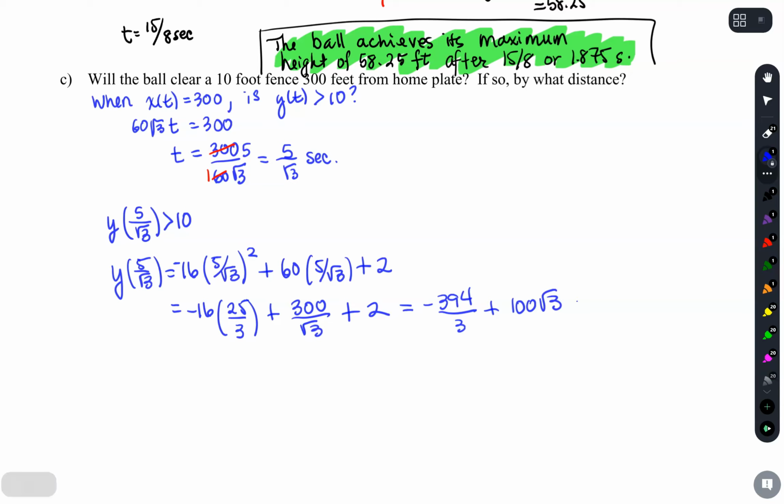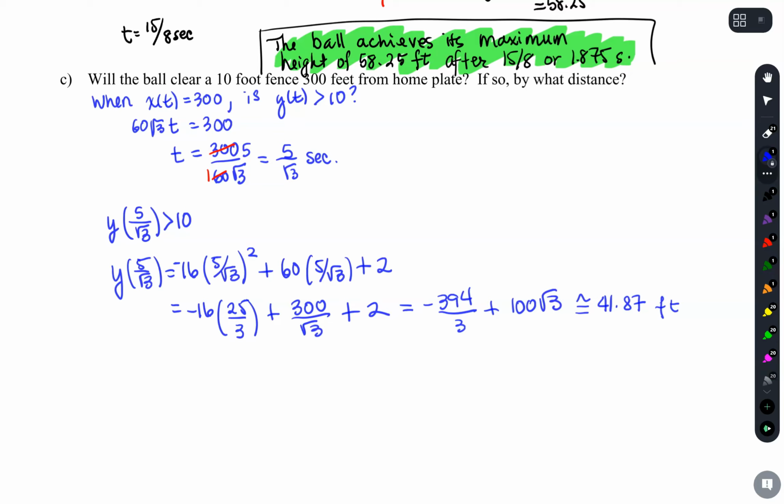So let's go ahead and approximate that value. And if I approximate that value, I get approximately 41.87. And my units for my vertical distance, my y component, is feet.